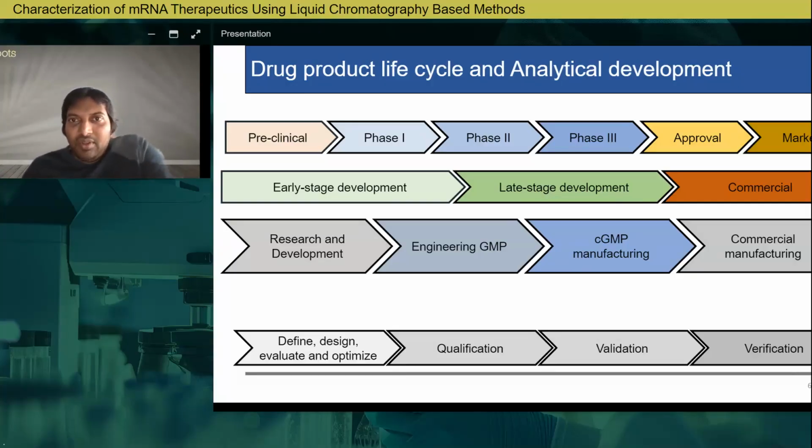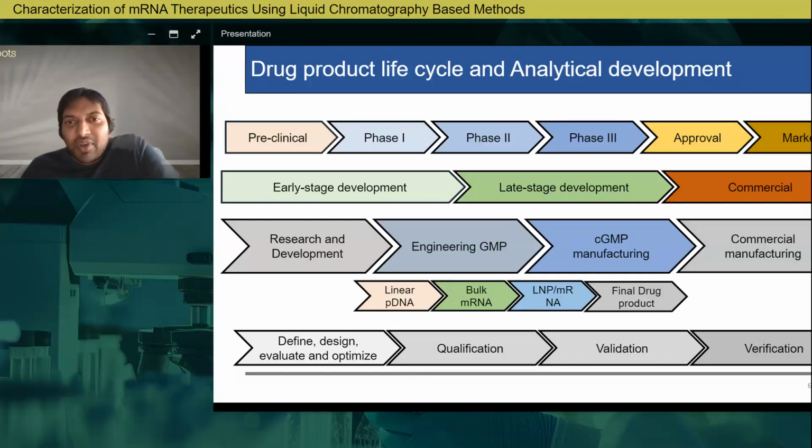So looking at the whole process from an mRNA therapeutic point of view, ideally you have a linear pDNA, and you create this bulk mRNA, which is called the drug substance here, and then you create the drug product when you mix it with the LNP. We call it an mRNA therapeutic, and that would be your final drug product.